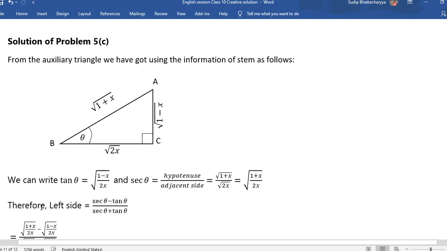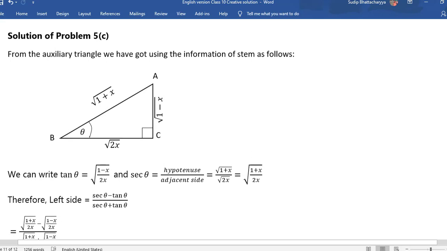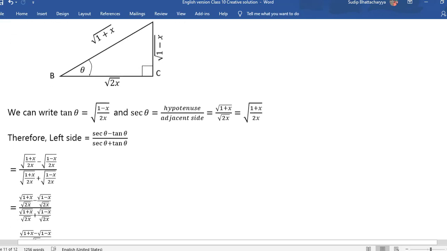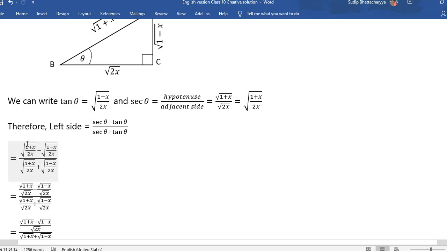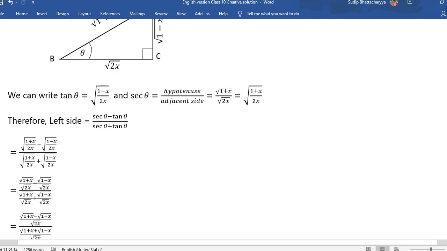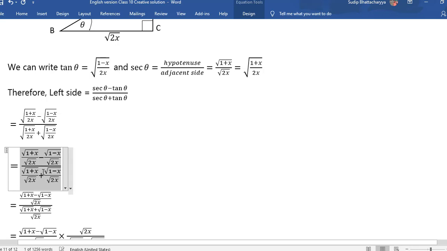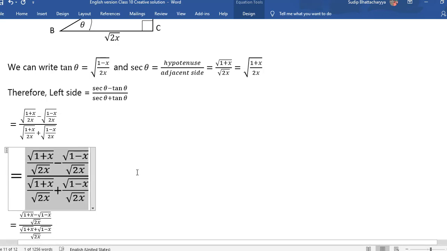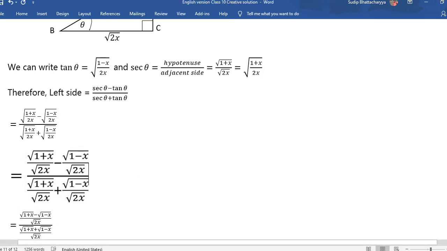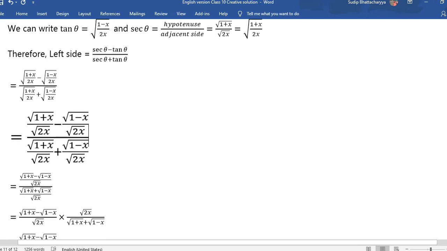Now our expression is sec theta minus tan theta by sec theta plus tan theta. If you put the values here, you will get it like this. After putting the values, distribute the root sign over the denominator and numerator, and then you will get this expression. I can write it bigger for you.